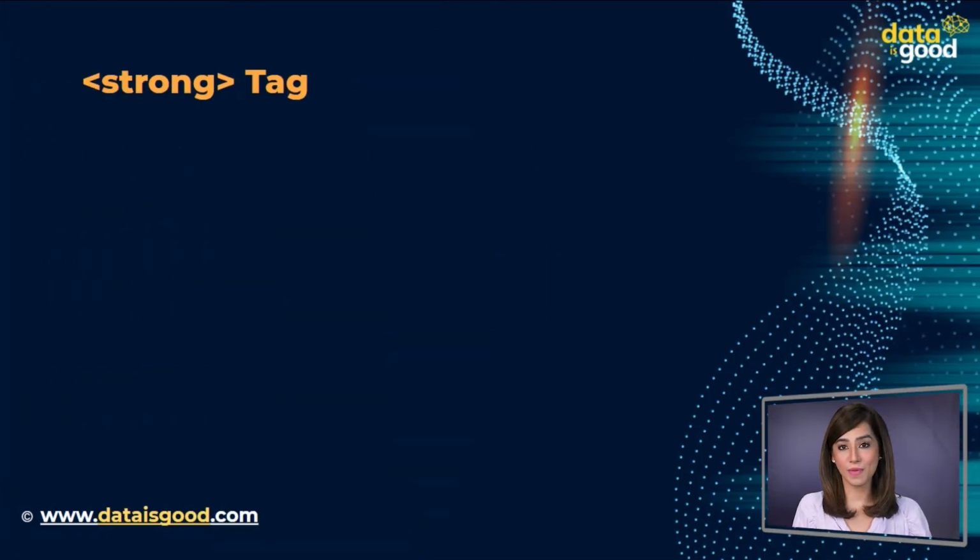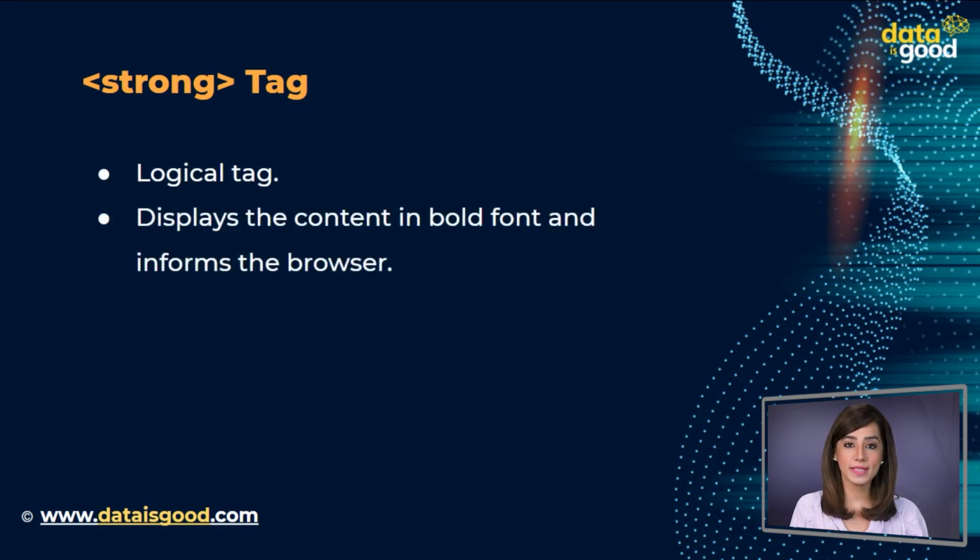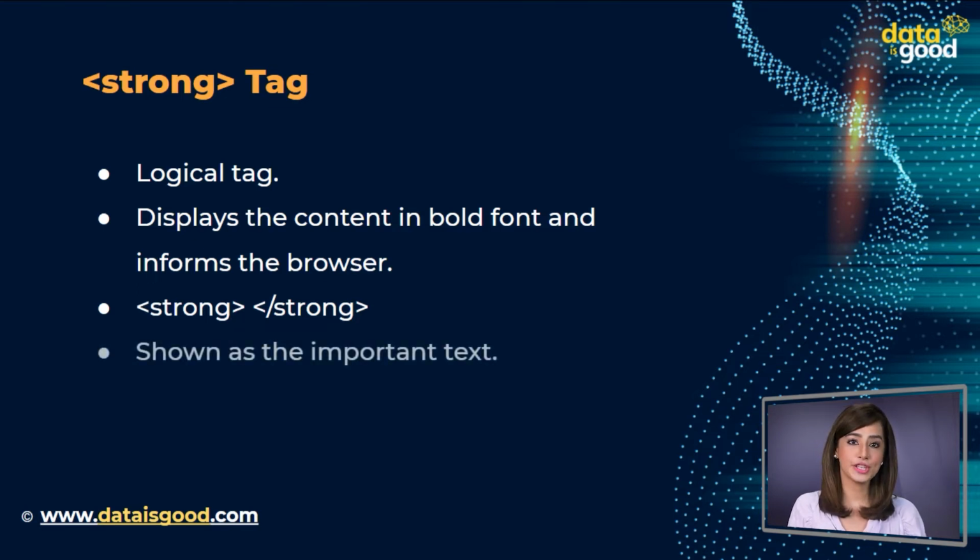Now let's move on to our next tag, strong tag. The HTML strong tag is a logical tag, which displays the content in bold font and informs the browser about its logical importance. If you write anything between strong, it is shown as the important text.